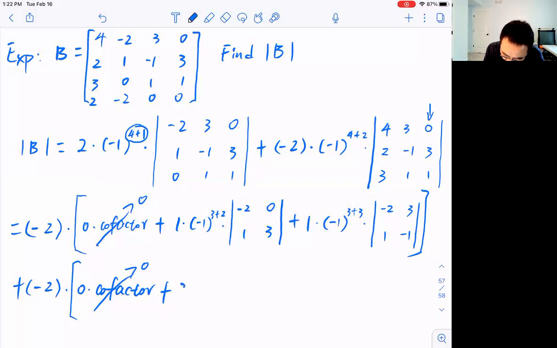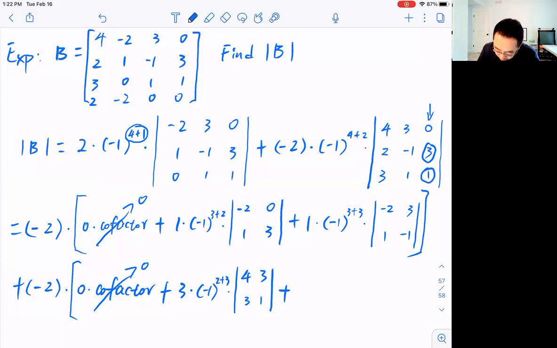But then I do 3 times -1 raised to, this 3 right here is in the second row and third column, so second row plus third column, then times its minor, which is eliminating the second row and third column. So that gives you 4, 3, and 3, 1. I'll get rid of these lines. So you have 4, 3, 3, 1, plus that last element in that column is 1.